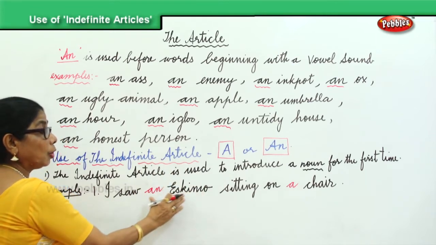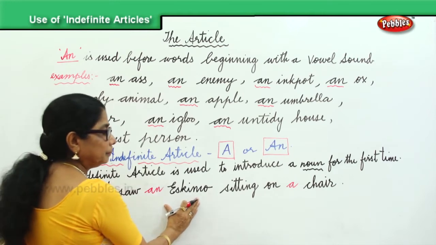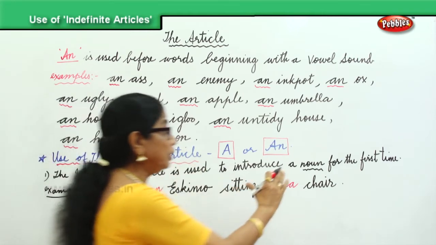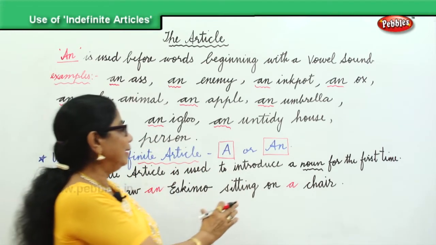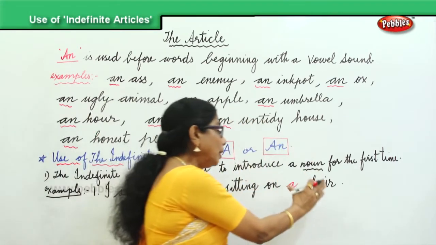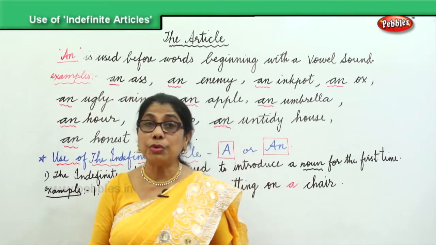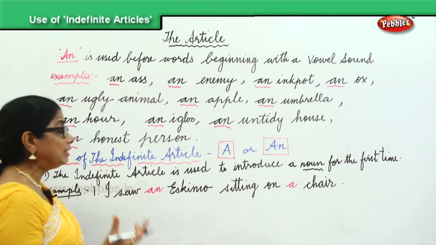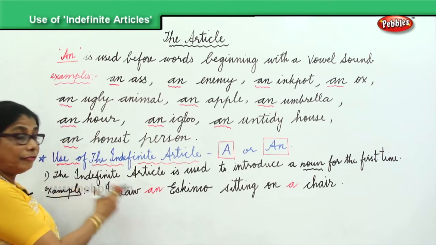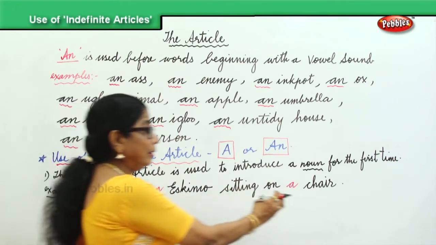I saw an Eskimo. You want to introduce a noun, an Eskimo. Then sitting where? On a chair. So to introduce the noun for the first time, we use the indefinite article an or a.